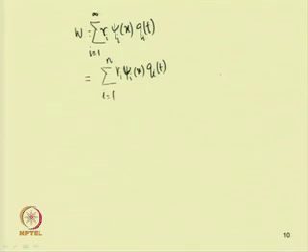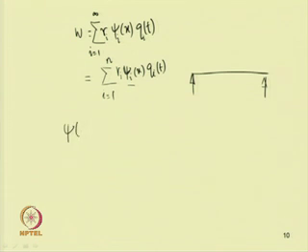So, for example, for a simply supported beam, one can first write the general solution for the Euler-Bernoulli beam.